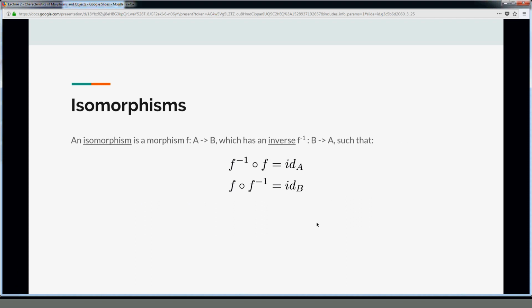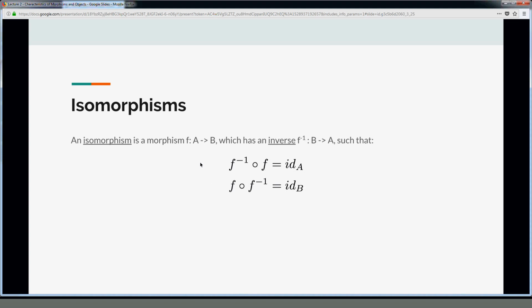That's not generally true though, so we're changing our definition. The definition is a little bit different for isomorphisms. Isomorphisms are morphisms that have an inverse. So you have this f to the negative 1 here. If you have a morphism from A to B, you have this inverse from B to A, and if you compose them, you get the identities.